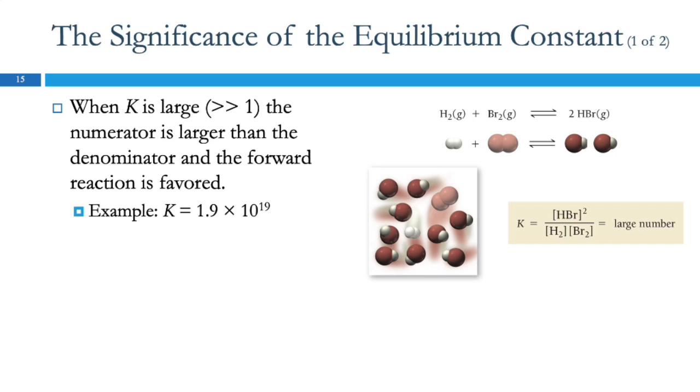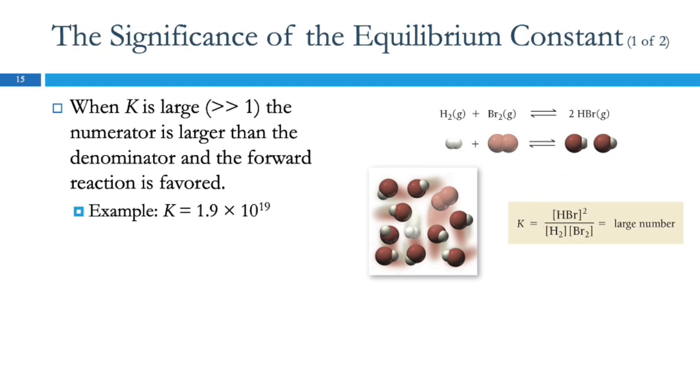We need to be able to remember K is large favors the products, K is small favors the reactants. And that's one of so many things in chemistry where you have two concepts linked to each other, and it's really easy to get them backwards, right? So the way I remember this is, I just stop for a second and think about it. Well, if this is big, then this must be big. That's the products.